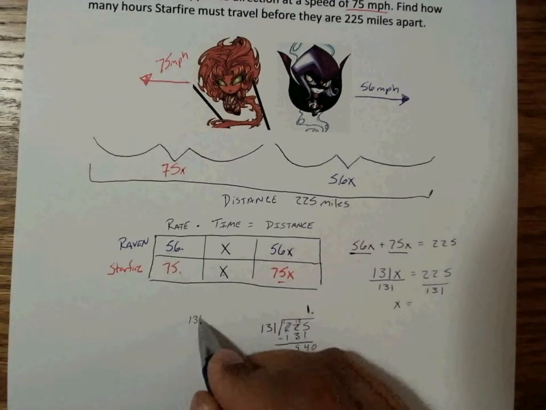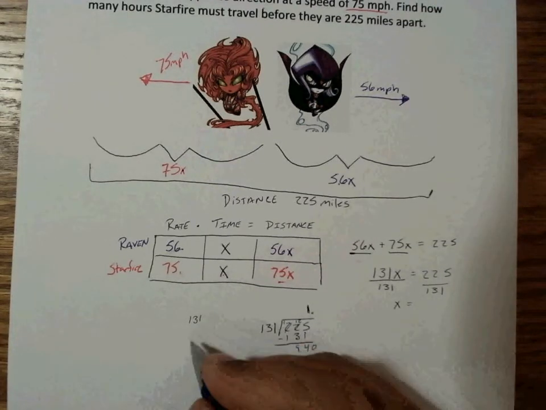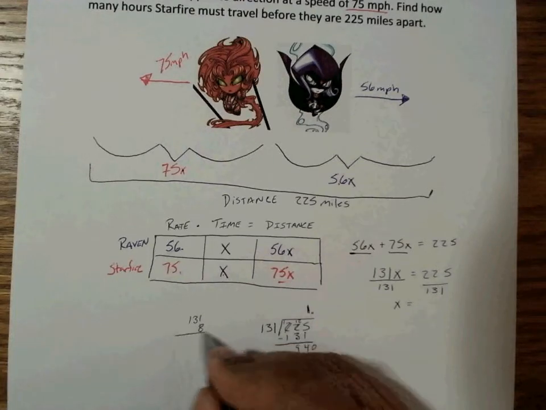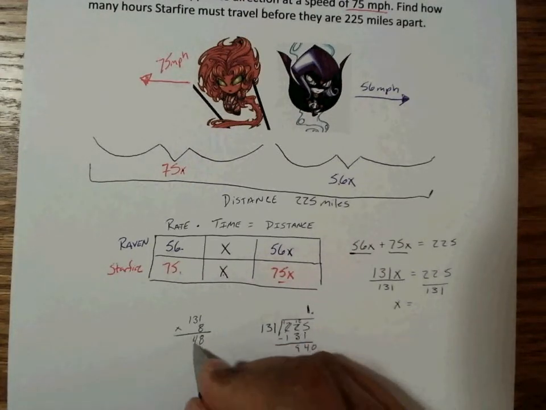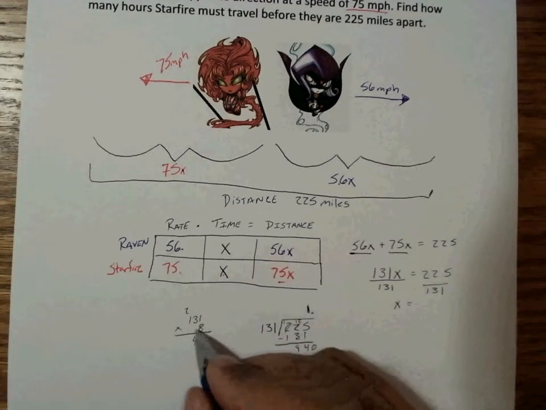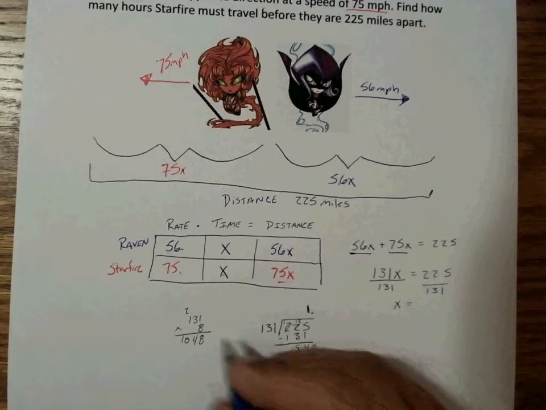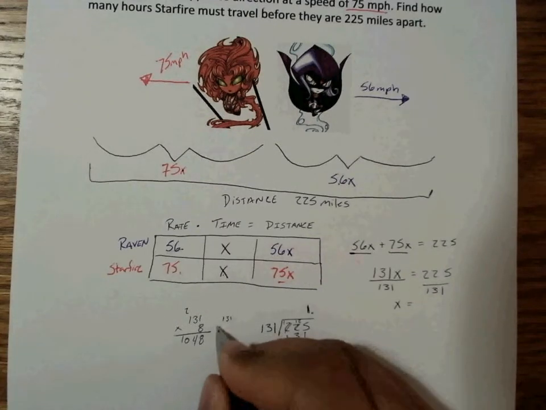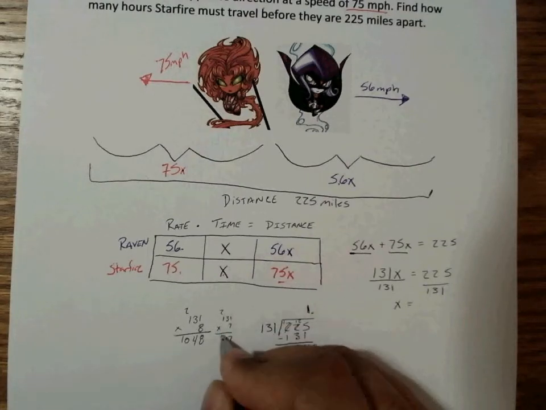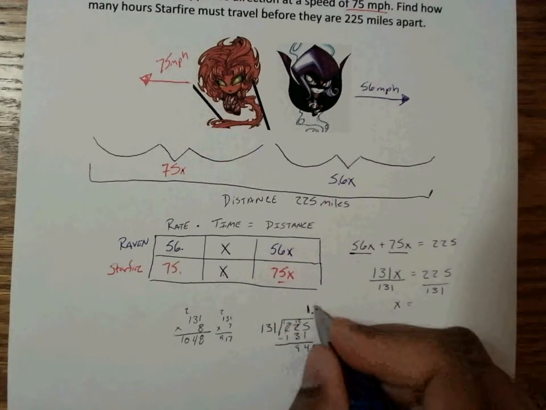So let's try 8. 3 times 8 is 24, so that's too big, so it's probably going to be 7. So let's do 131 times 7, which is 917.